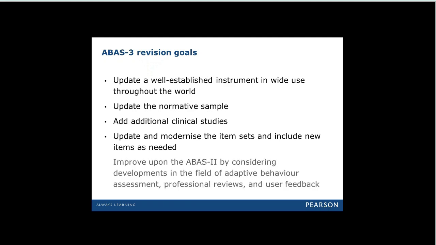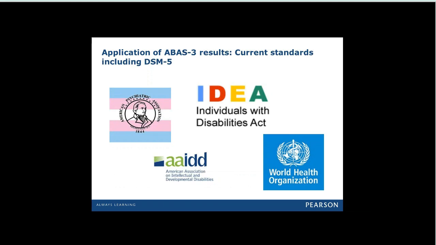To improve upon the previous edition, the ABAS 2, we need to consider developments in the field of adaptive behaviour assessment, any professional reviews, and, really important for us, user feedback. What did people like about the ABAS 2, what didn't they like, and how can we improve it from the user's perspective while making sure it's still a reliable and valid tool for you. And of course we need to look at the current standards as well.